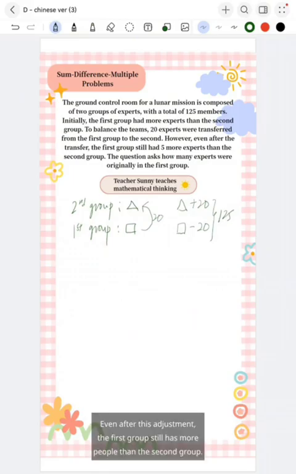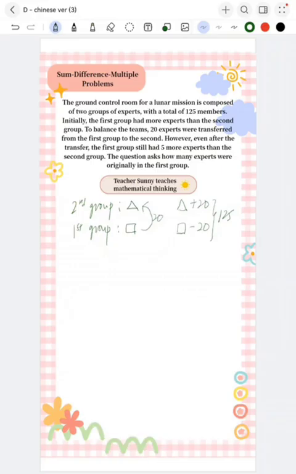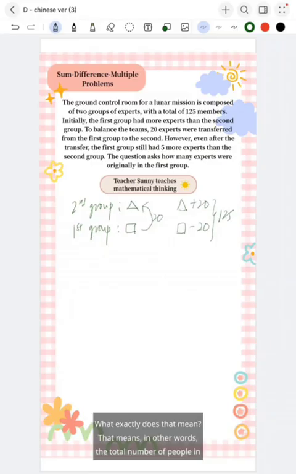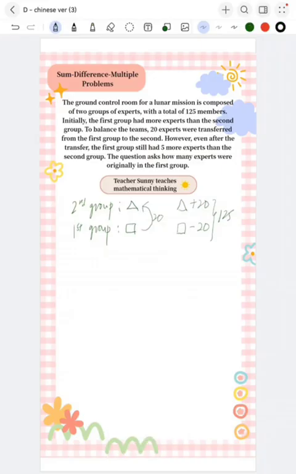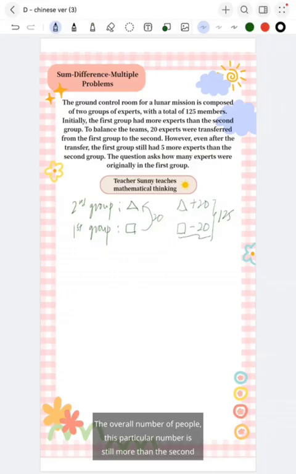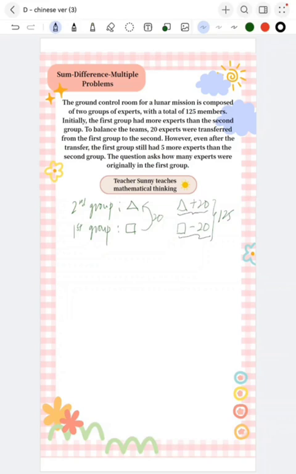Even after this adjustment, the first group still has more people than the second group. What exactly does that mean? That means the number of people in the first group is still more than the second group by 5 people.